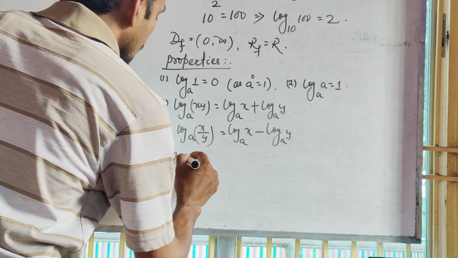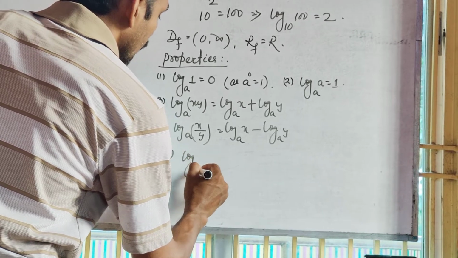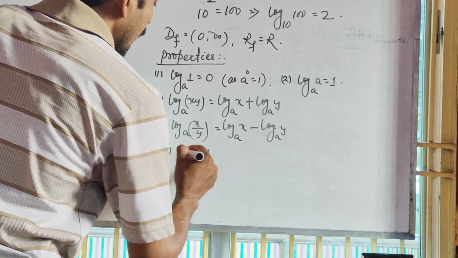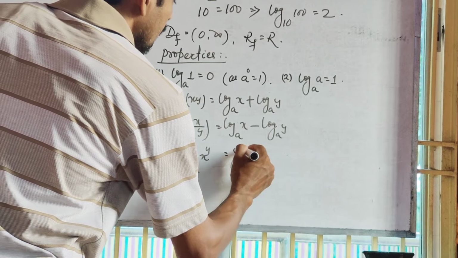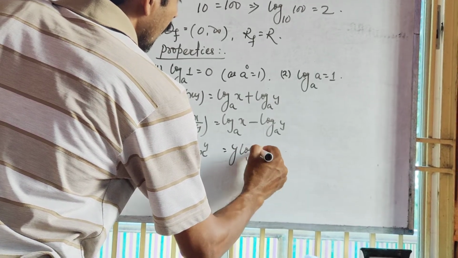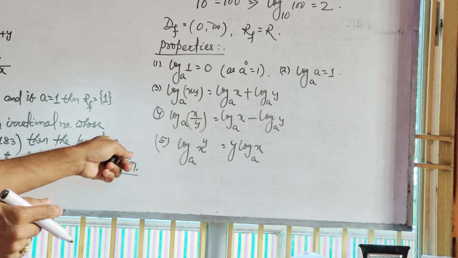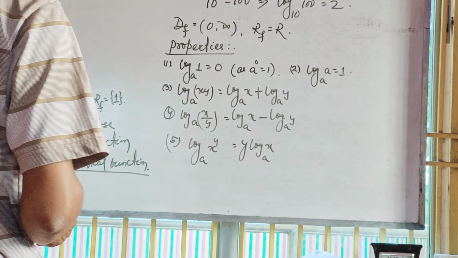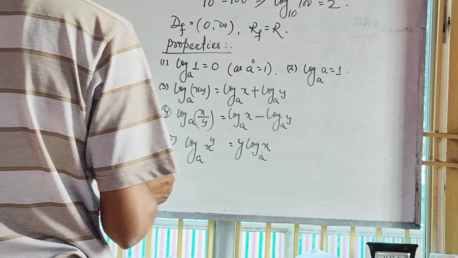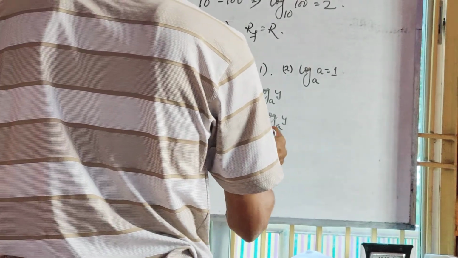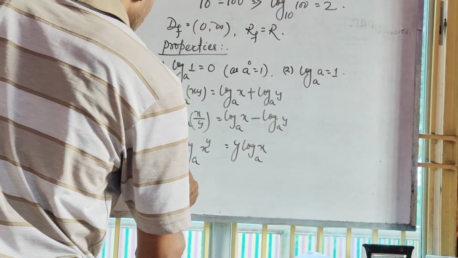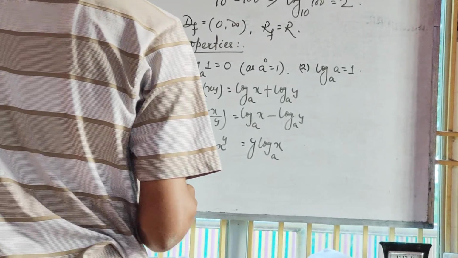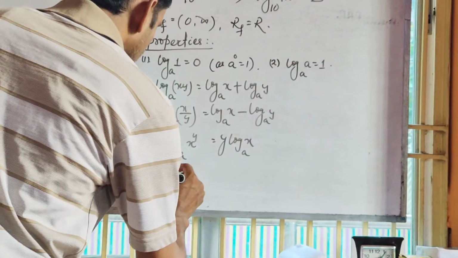Number 5 is log a x to the power y. This is y log a x. Your exponent will be taken outside. Okay. Then number 6 is log a x.